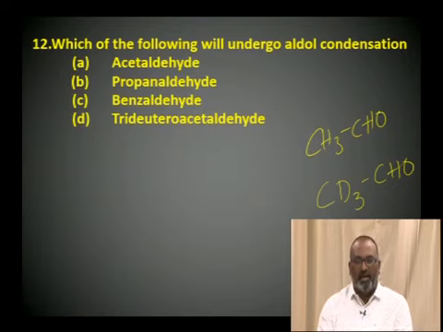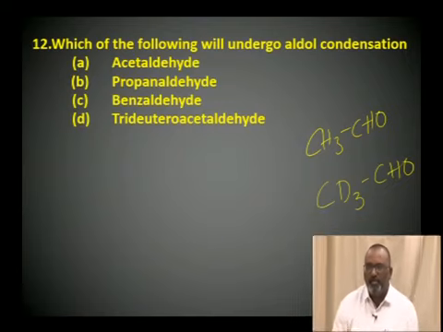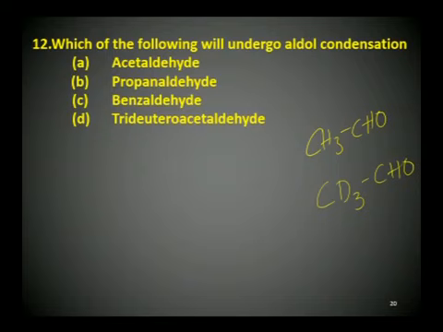So, these 3 deuterium can be called alpha deuterium. Whichever aldehyde is having an alpha hydrogen will show aldol condensation. Then acetaldehyde, it is having 3 alpha hydrogens.